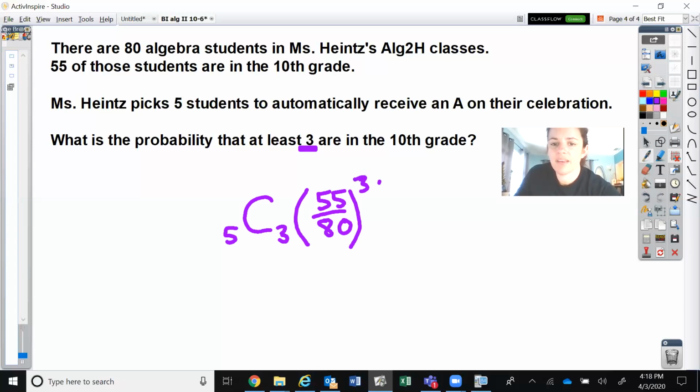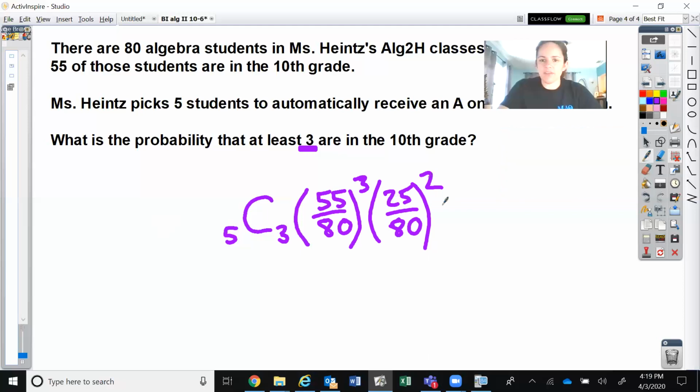And that means I would need to have 2 students that were from other grades. And so if you subtract 55/80ths from 1, that would be 25/80ths, the probability of not being a 10th grader. So the 5 choose 3 is the number of ways that it can happen. And then this is the probability that I need, times itself the number of times that I need that. And then the probability of not being a 10th grader and how many not 10th graders I need.